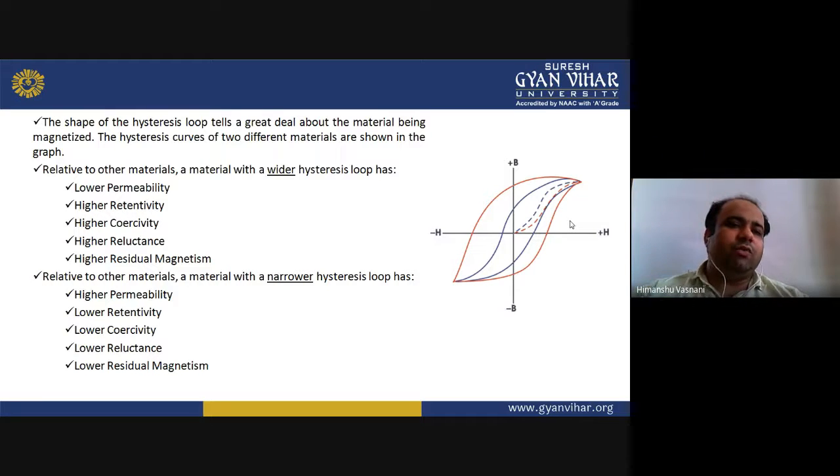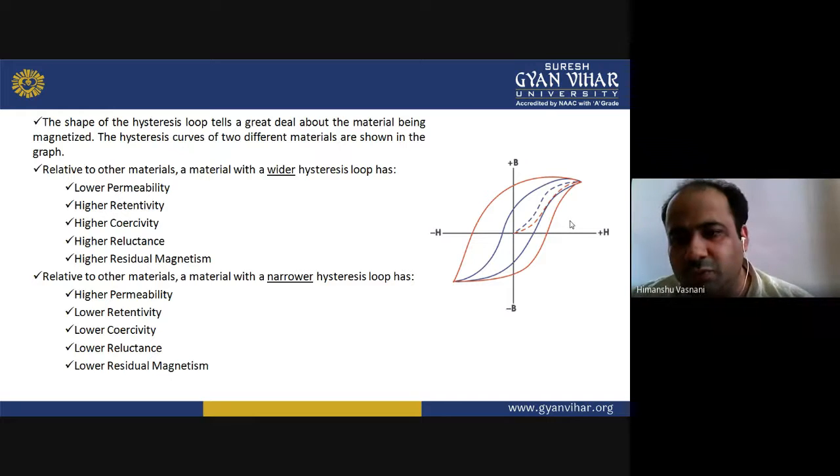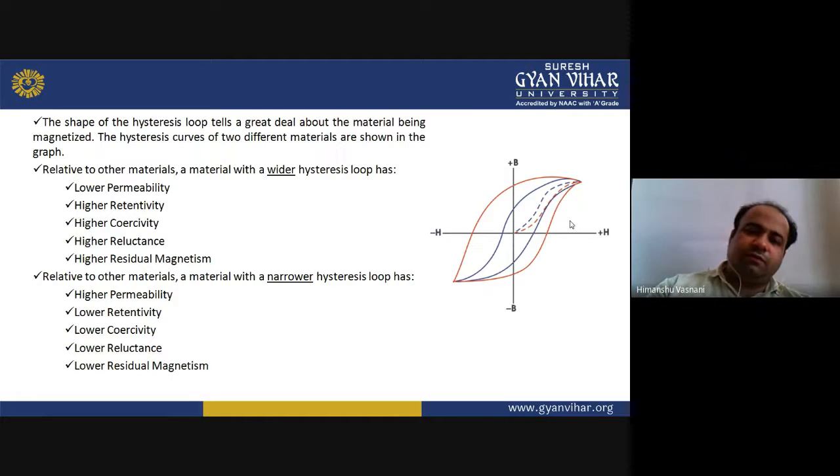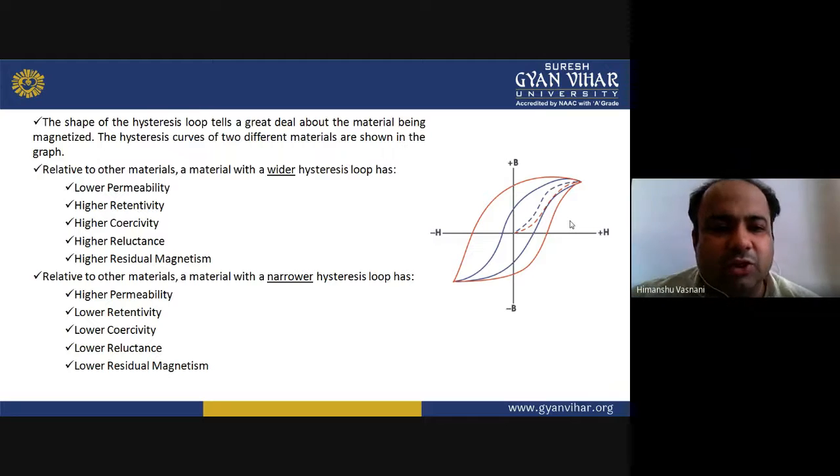Now, relative to other materials, a material with a wider hysteresis loop, you can see there are two curves shown, red and blue, has lower permeability, higher retentivity, higher coercivity, higher reluctance, and higher residual magnetism.